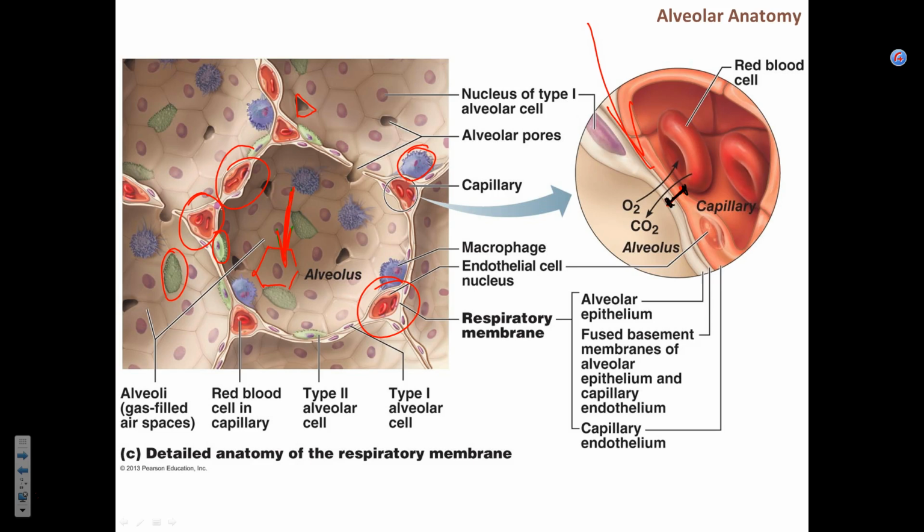You see the alveolar epithelium, the vascular epithelium, and the tiny layer of basement membrane between them. Do I make sense? Good? Moving on.